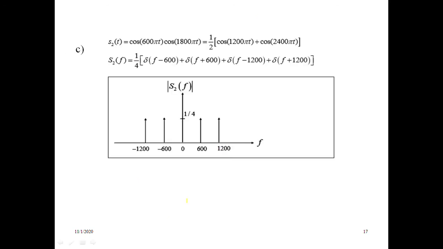For the second signal, which is cos 600 pi t and cos 18,000 pi t, we have to do the modulation. First of all, we have to draw the signal. In this one, we have 2 deltas, and here also we got 2 deltas.